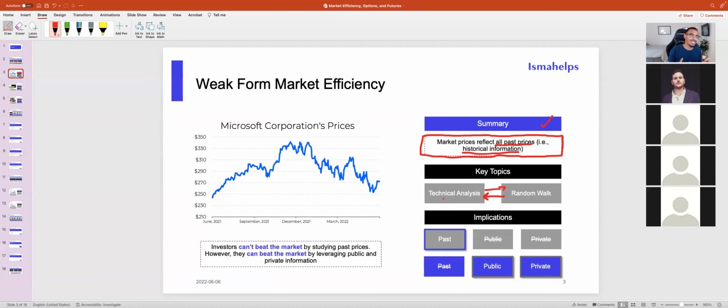And technical analysis, essentially, is just studying. I still see it, me too, exactly. So technical analysis is the study of past stock prices, okay? Let's say we were technical analysts, we would look at the price on June 2021, and we would try to find a relationship every 6 months or every 3 months.